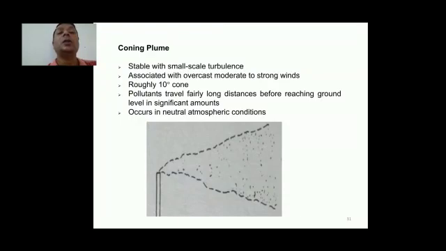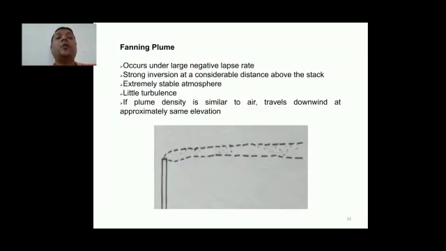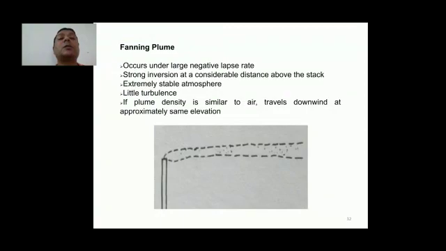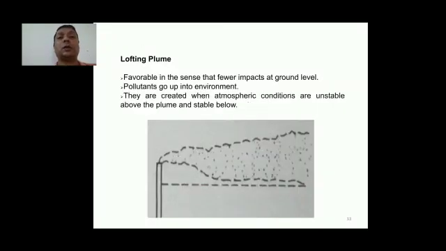Occurs in neutral atmospheric condition. Fanning plume occurs under large negative lapse rate, strong inversion at a considerable distance above the stack, extremely stable atmosphere, little turbulence. If plume density is similar to air, it travels downwind at approximately the same elevation.